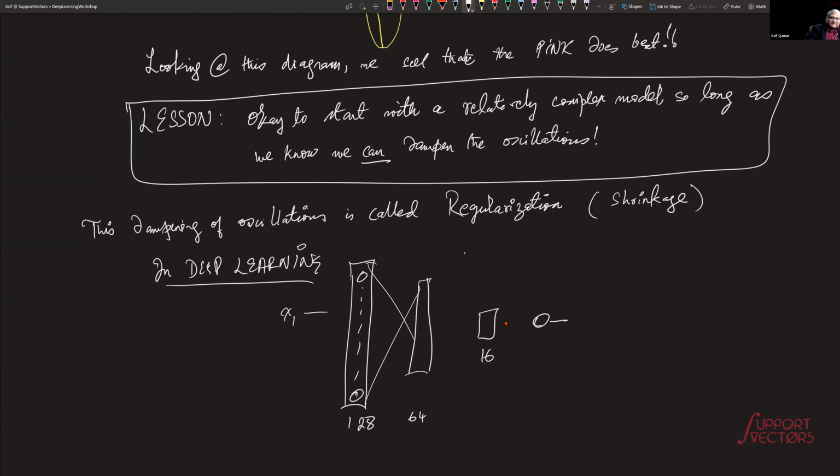Between these, these are dense layers, right? 128 times 64, and then 64 times 16, and then 16 times 1. These are just the number of weights. And then here you start out with 128 weights right here. So you realize that you have hundreds of weights. I think it all adds up to approximately 500, if I remember right, or more than that.